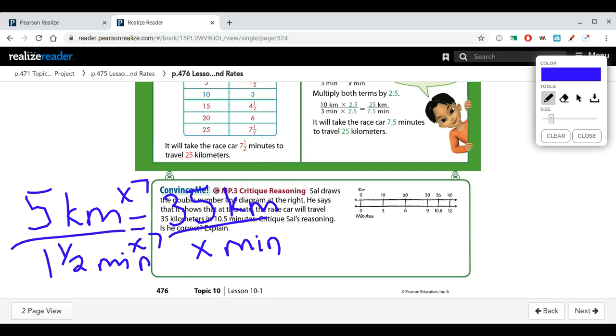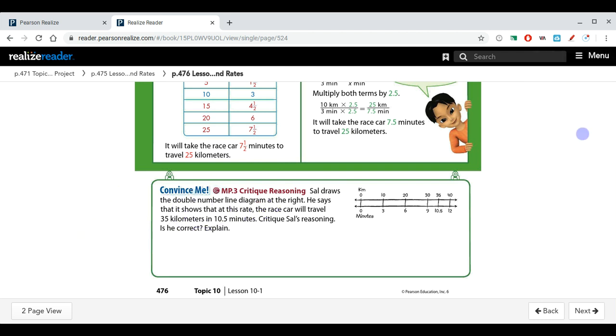So I take 7 and multiply that by 1.5, and I end up with 10.5 minutes. So Sal is correct, because this corresponds to how many kilometers he travels and this corresponds to how many minutes. When we solve it, we end up with 10.5 minutes.